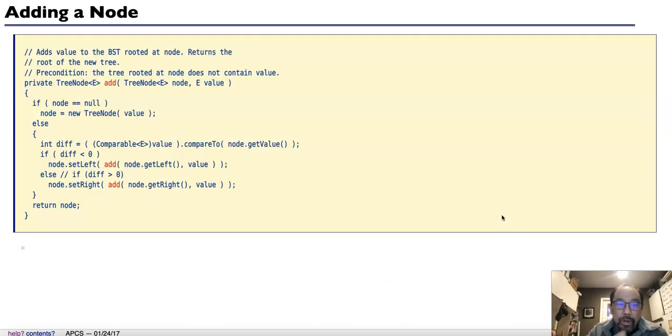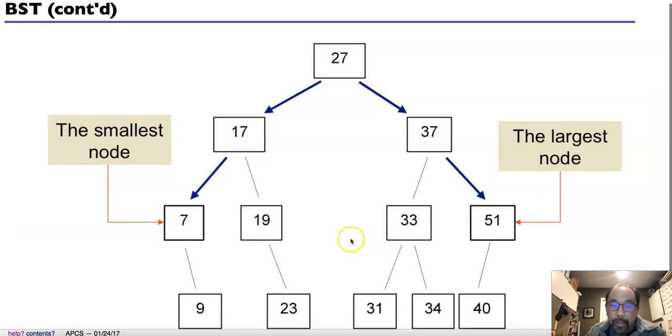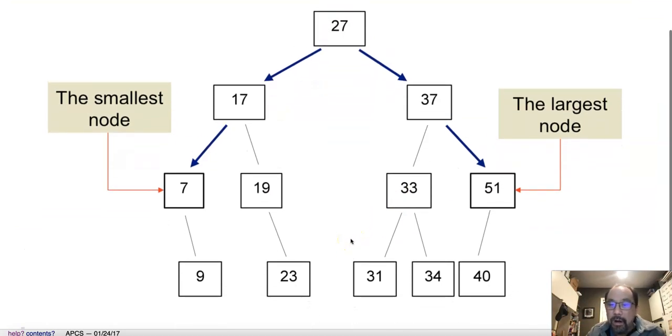Now to add a node, we could do that fairly straightforwardly in a recursive manner. Suppose I want to add the number 32. So is it bigger than this? Yes, it is. Is 32 bigger or less than this one? It's less than. Okay, go over here. Is 32 greater or less than this? Oh, it's less than. Go to the left.